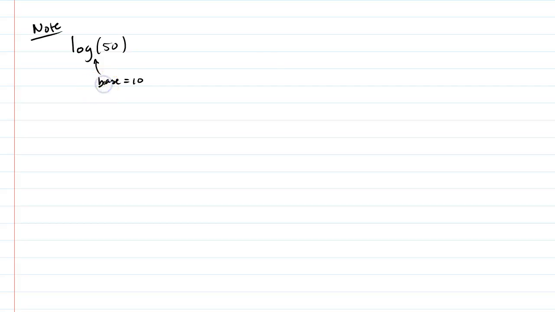There's also this idea of ln. Say you did ln of 50. What this is actually saying is that it's the log base e of 50. Remember e? E is like 2.718 something something something. So this log base e, this ln, is the opposite of e to the x.